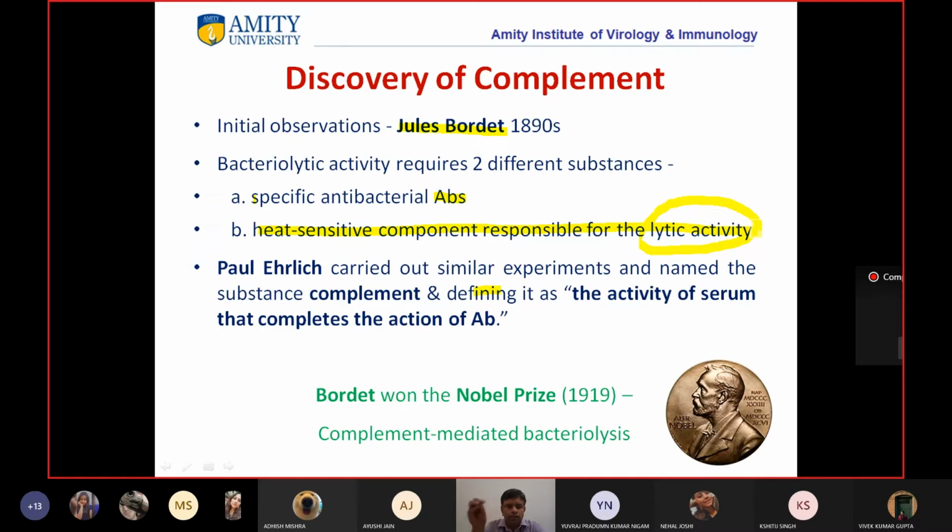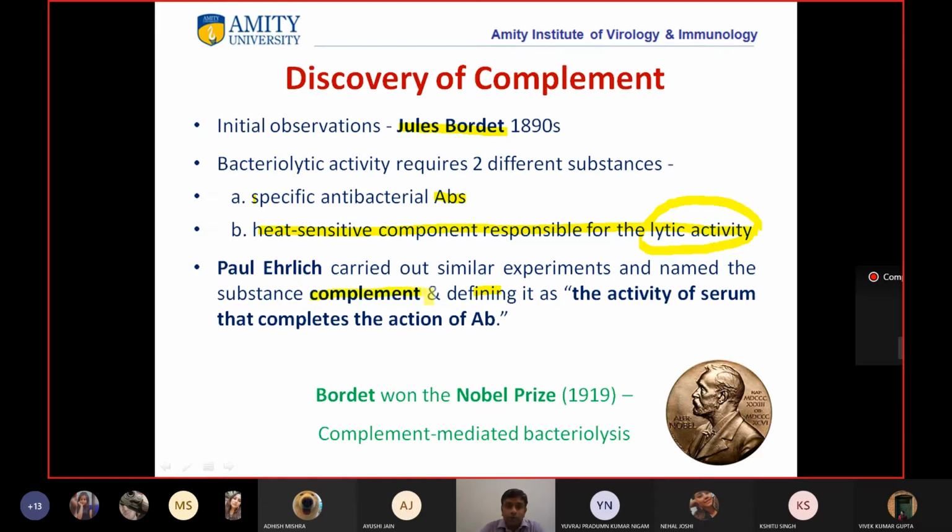In all the experiments he did, he was able to tell that an antibody is required and that there is some other heat sensitive component in the serum which is required for the lytic activity. That was all that was known. And then Paul Ehrlich also carried out similar experiments and named the substance complement.